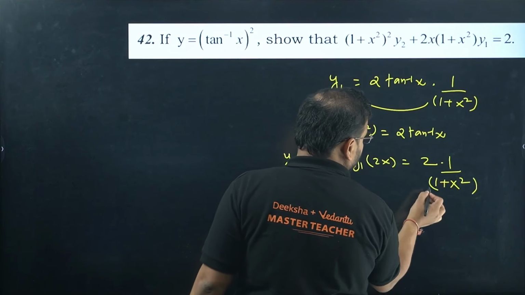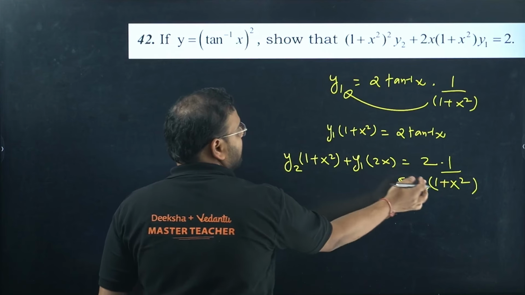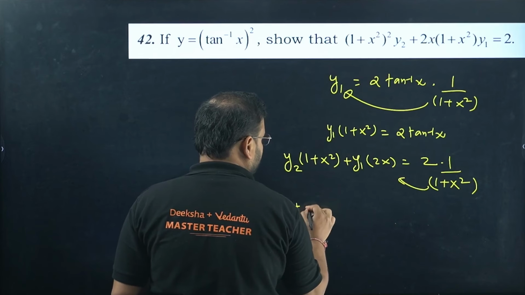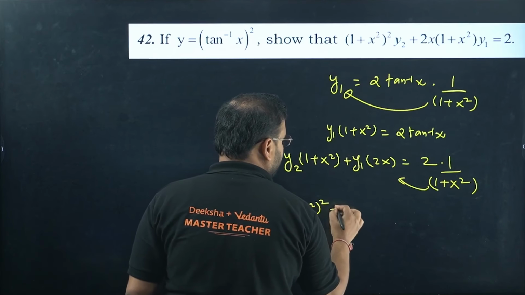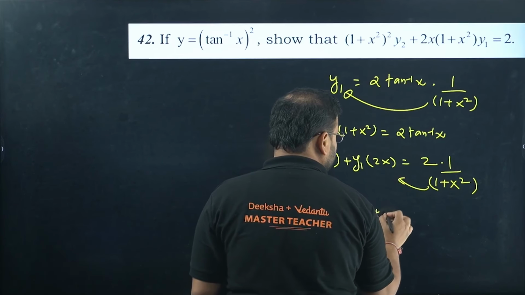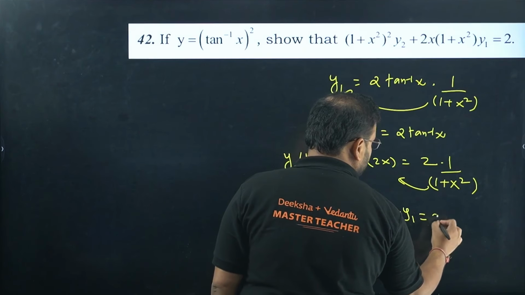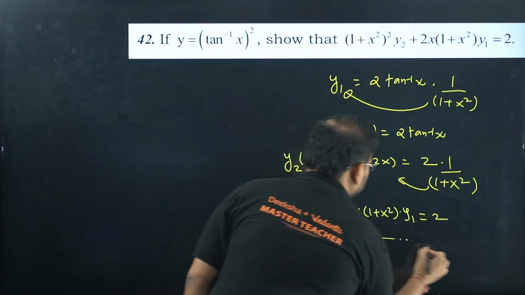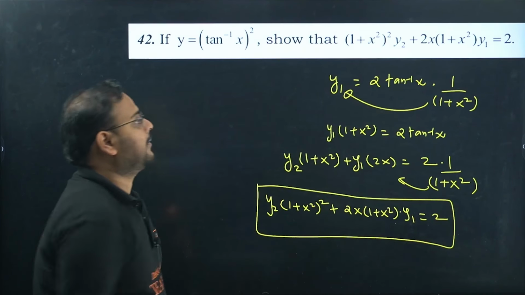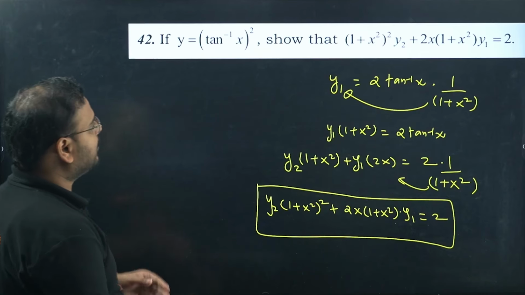You'll check, I'll get here y2 times 1 plus x square, the whole square. With y1, check here, I have 2x into 1 plus x square into y1. And this is equal to what? 2. Check carefully. This was your result. And I hope you remember this is a PYQ also.